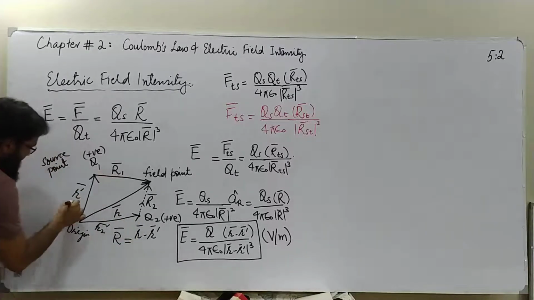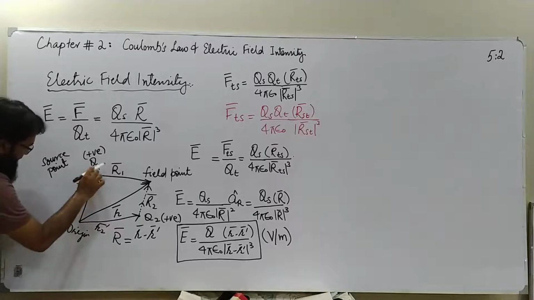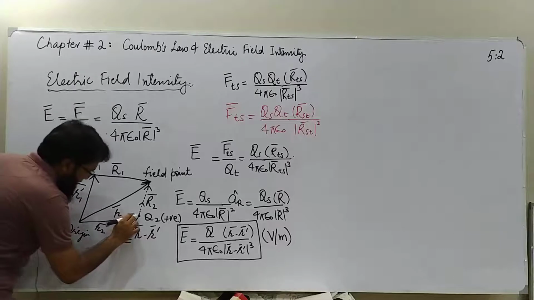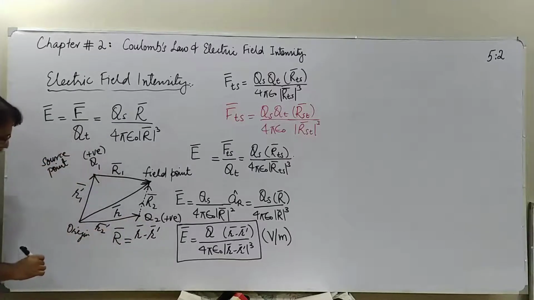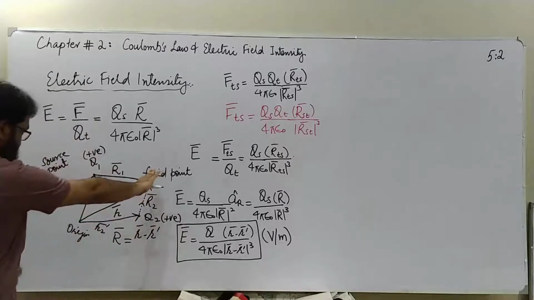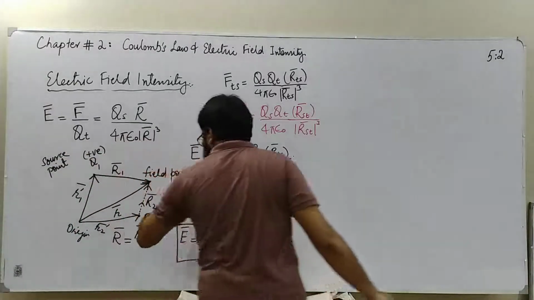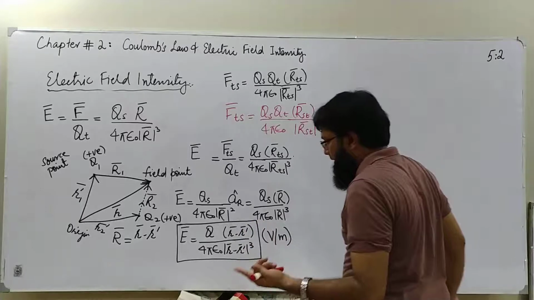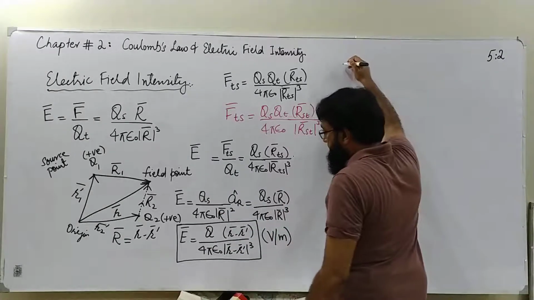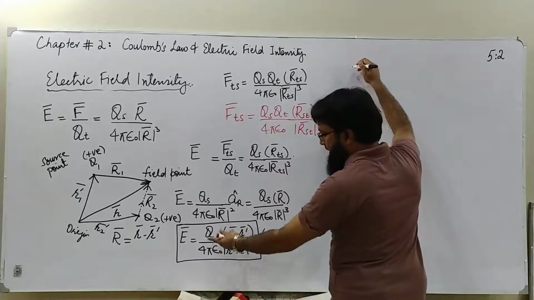This was a source, so now the position vector which is locating q1 is r1 prime, the position vector which is locating q2 is r2 prime, and the position vector which is locating the field point is r. The field point is only one, so we don't need to add any subscripts. Since it's linear, we can apply superposition.